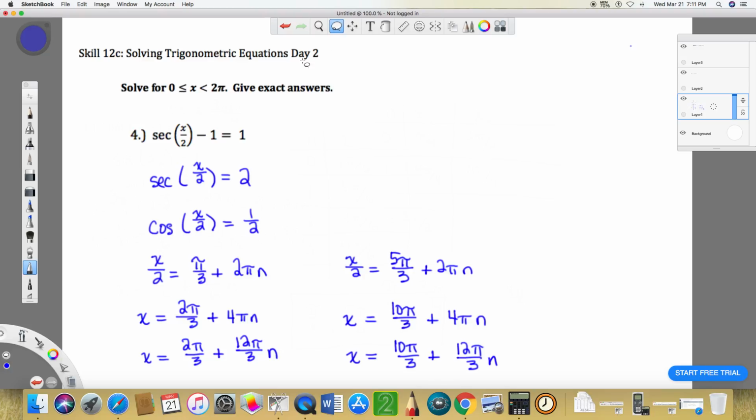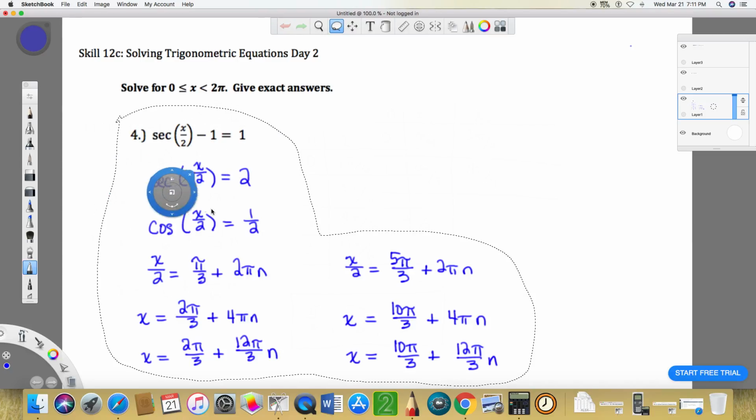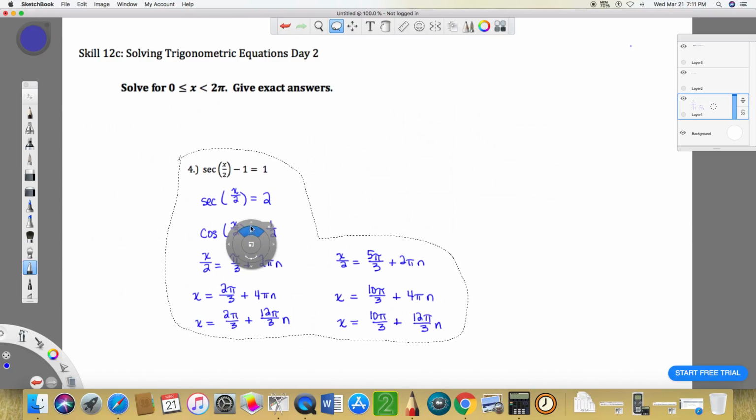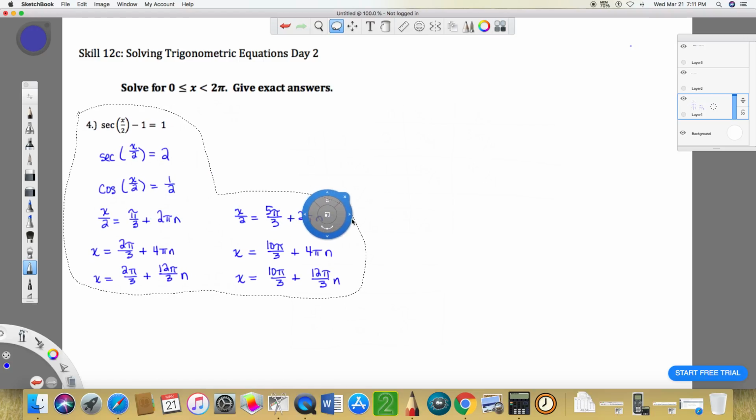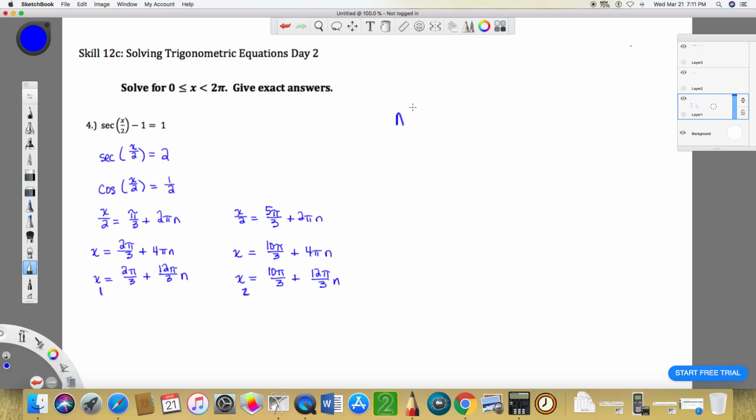I'm going to shrink this up a little bit to give myself some room. Because these equations describe infinitely many solutions, but they don't want infinitely many. They only want the ones that are between 0 and 2 pi. So let's call these solutions 1 and these solutions 2, and let's construct a table.